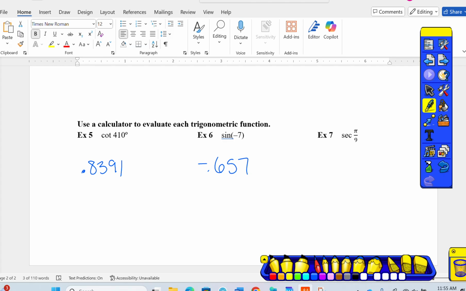Then last one, secant of pi over 9. Again, it gives me 1 over cosine of pi over 9, so it gives me the reciprocal, but not the actual answer. So 1.064.